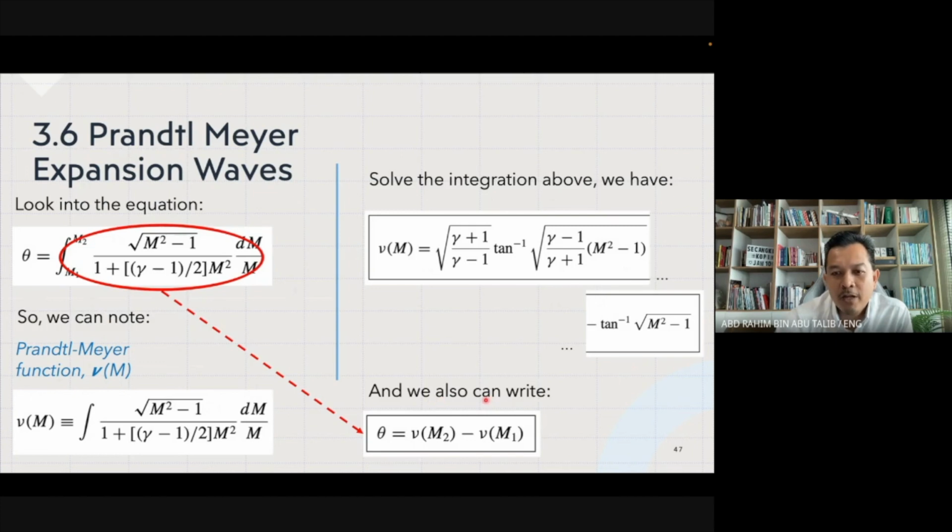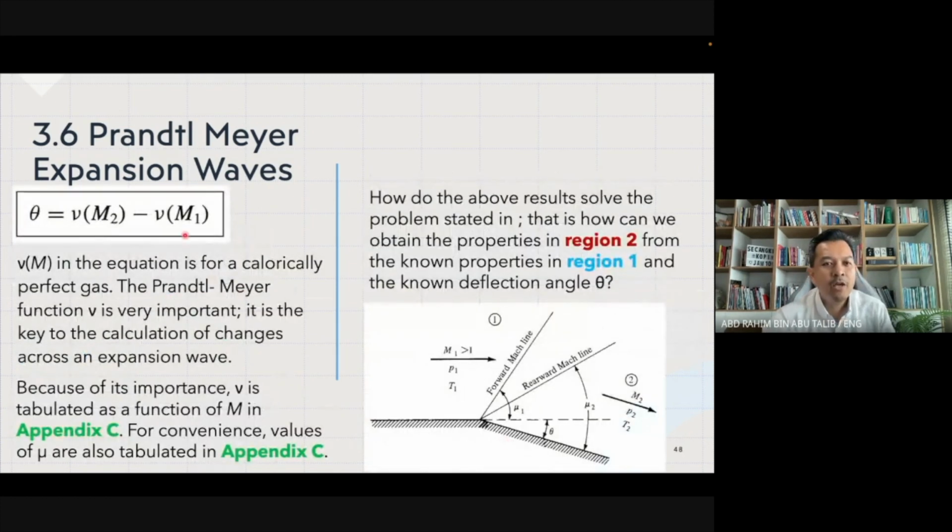Also, we can write the theta value in terms of the Prandtl Meyer function V of the Mach number at region 2 minus the Prandtl Meyer function V of the Mach number at region 1. So that's where we get this Prandtl Meyer expansion wave equation, which is for a calorically perfect gas.